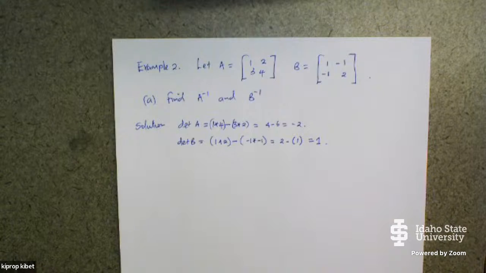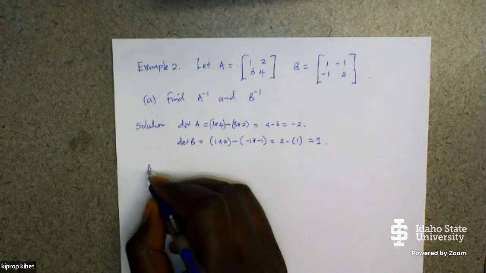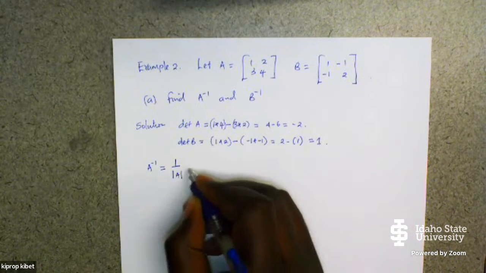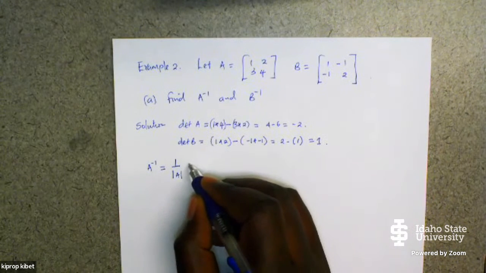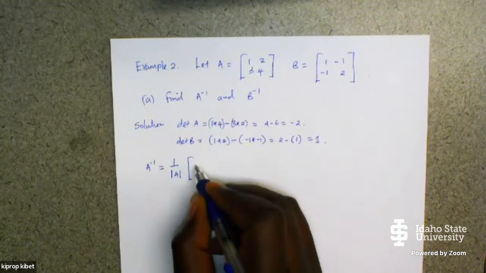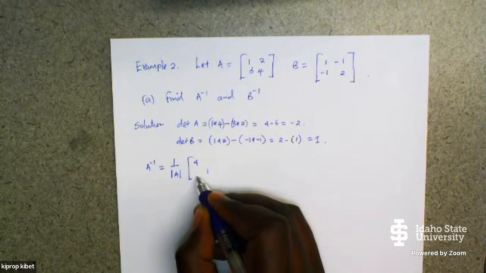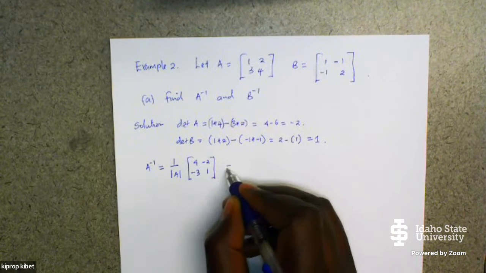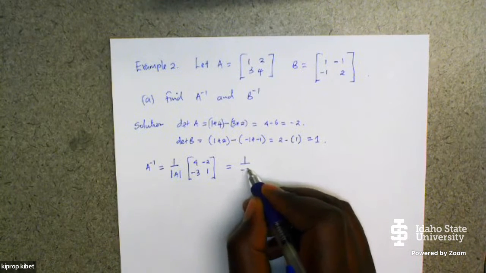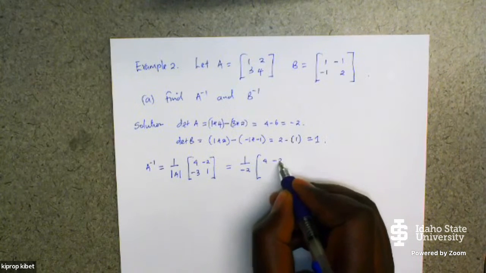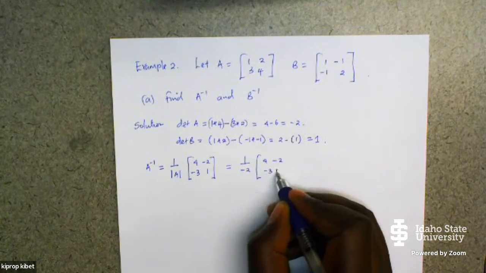So now the inverse. A inverse equals 1 over the determinant of A. And then we interchange those values, which is 4 here, and then 1 here, and then we put the -3 and -2 there, which equals 1 over -2 times 4, -2, -3, 1.